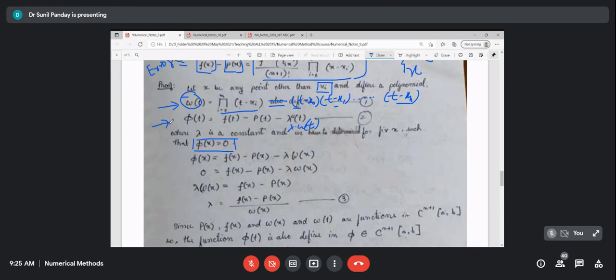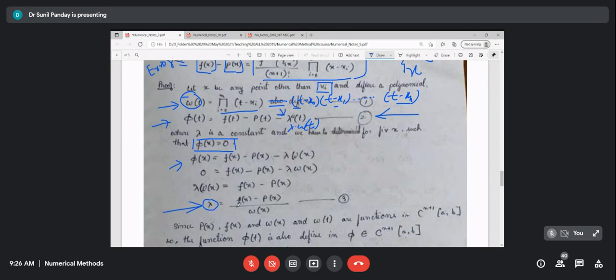If I put phi(x) equals 0, then from equation 2 we get phi(x) equals f(x) minus p(x) minus lambda W(x). Since phi(x) equals 0, we get 0 equals f(x) minus p(x) minus lambda W(x), and finally lambda equals this one.